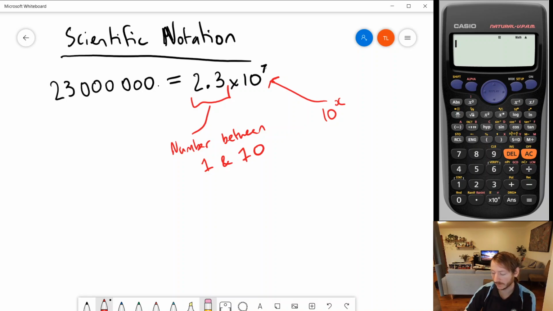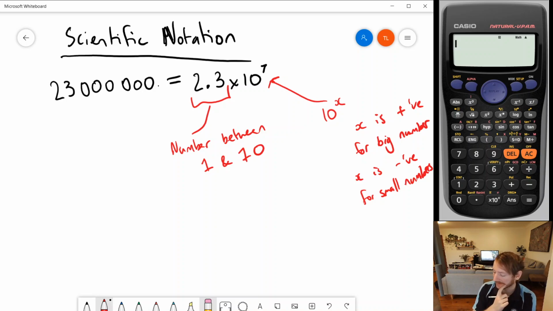And as we saw last lesson, if we were to put a negative here, that 10 to the 7 would flip down to the bottom and actually become a division instead. So x is positive for big numbers. x is negative for small numbers.